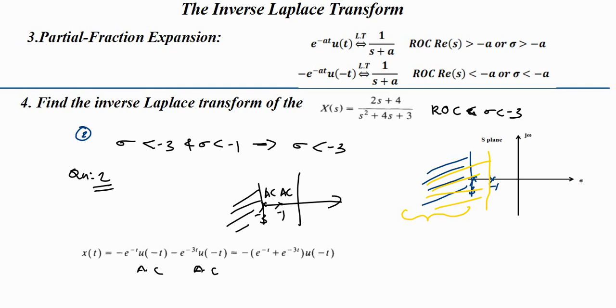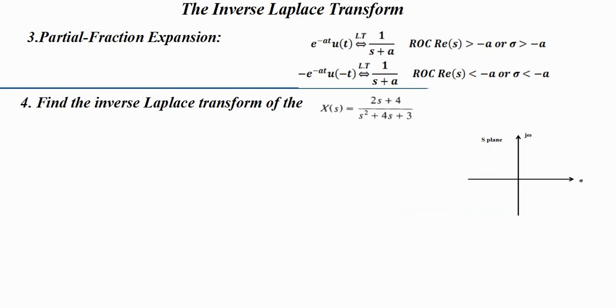Now we'll discuss the next possibility, case 3: sigma greater than minus 3 and sigma less than minus 1. You can draw minus 3 here and minus 1 here. Greater than minus 3 is towards the right, where you can go up to infinity.